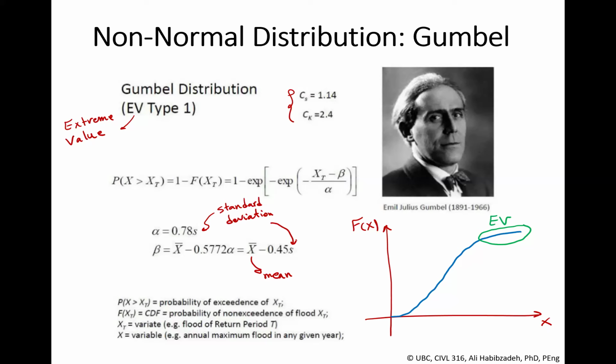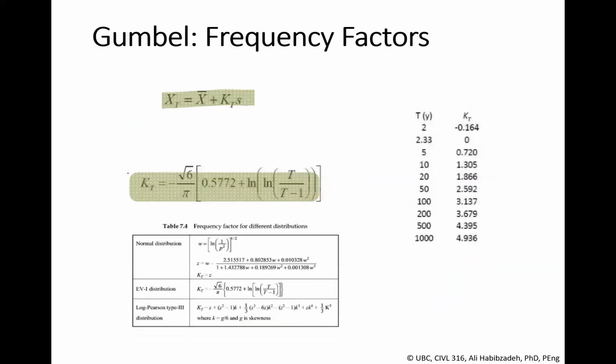Now, again, one way is to use these relatively complicated equations, but remember the method of moments, much easier. If you're using the method of moments, you can just look up the KT values. So I'm going to highlight this as Gumbel.